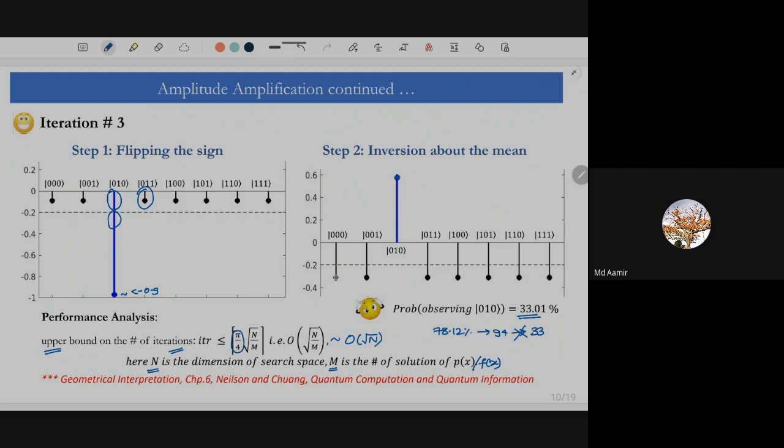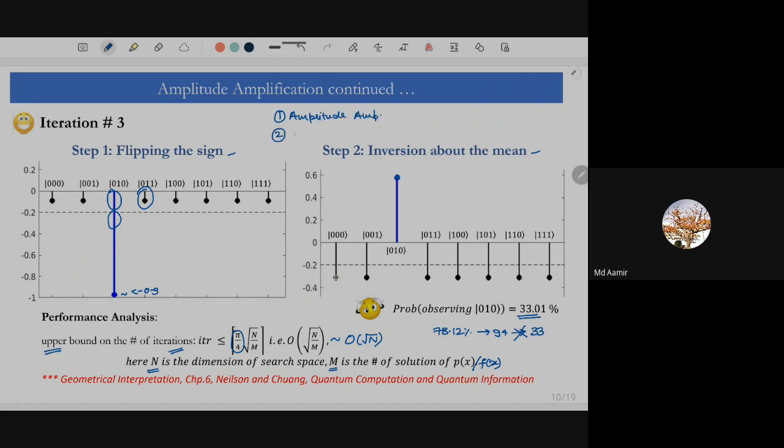And now we'll see how we can implement all these steps, flipping the sign and inversion about the mean, using quantum gates or circuits. So what we have seen is the motivation part, and the amplitude amplification.